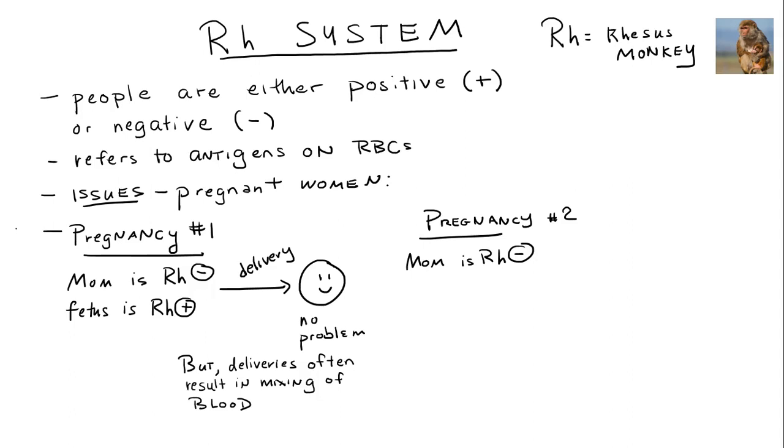So she would have made antibodies against the Rh factor in that first child's blood. So she now contains antibodies against Rh. Now she's got her second pregnancy, her second fetus, and the fetus is Rh+.